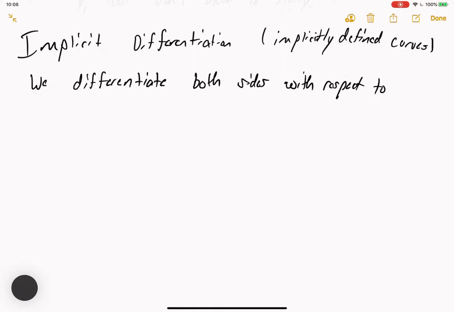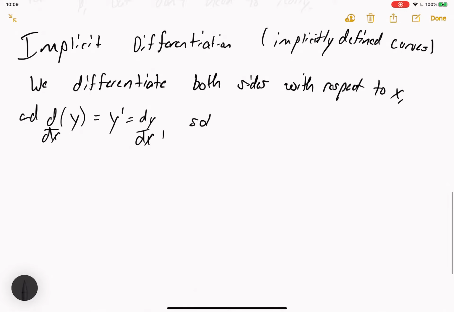And the derivative of y with respect to x is y prime or dy dx. What this means right here is the action of taking the derivative, or you could say d of dx. So d of dx of y is equal to y prime, or if you want, just dy dx. And then once we take the derivative of both sides of an equation with respect to x, we just solve for dy dx.